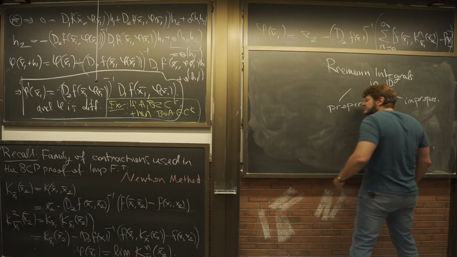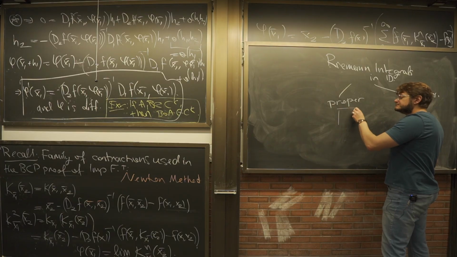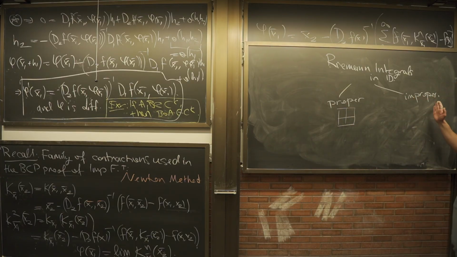It is a bounded function that doesn't go to infinity either vertically or horizontally. Like this. Improper is when you have asymptotics. Maybe it goes this way, or maybe the function is unbounded, maybe it's both.